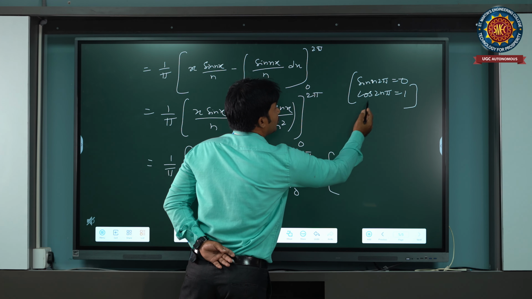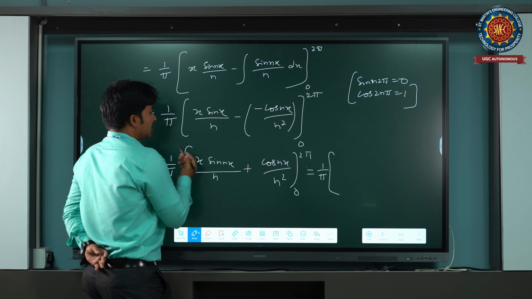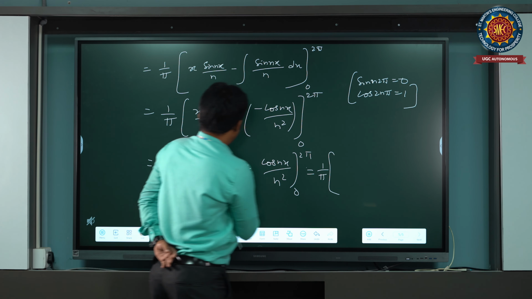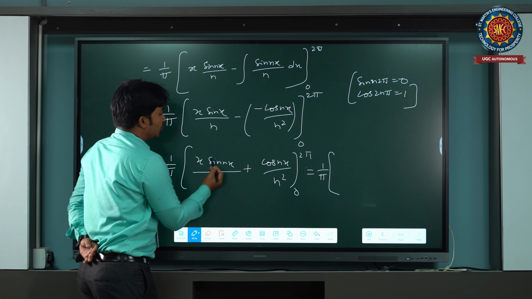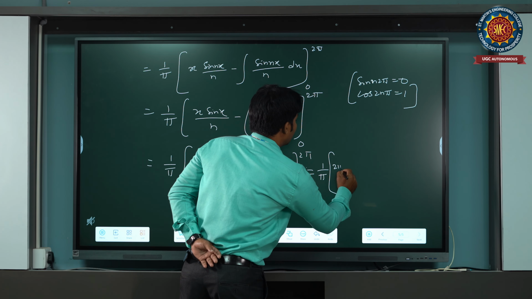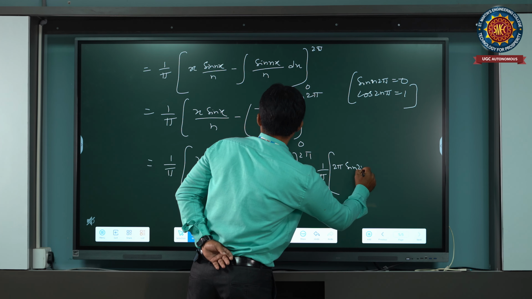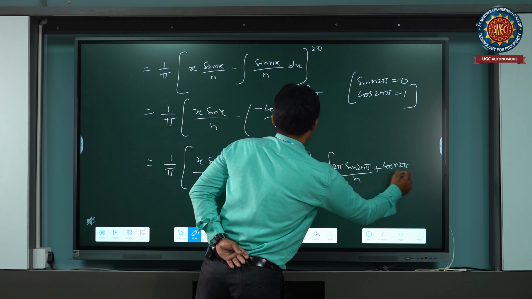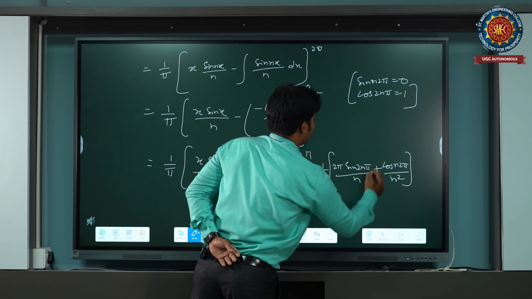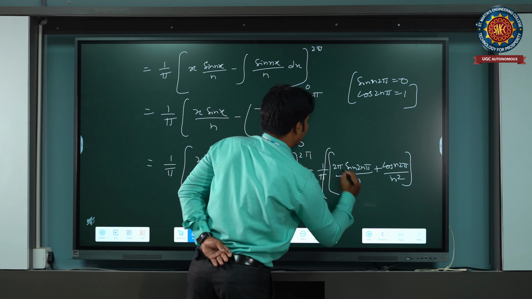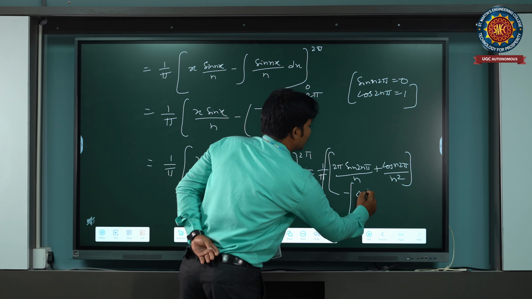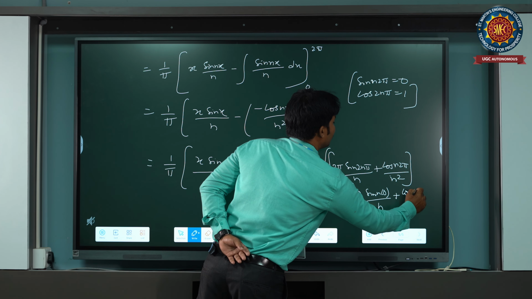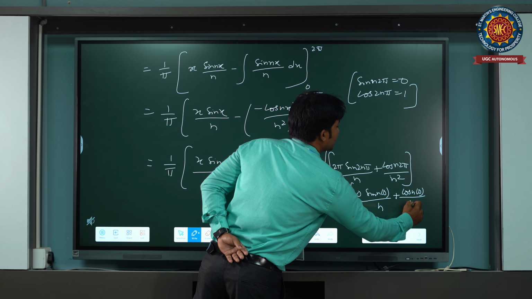Sin 2n pi equal to 0, cos 2n pi equal to 1. First substitute 2 pi into 1 by pi, x sin nx by n plus cos nx by n square, minus 0 into sin n of 0 by n plus cos n of 0 by n square.